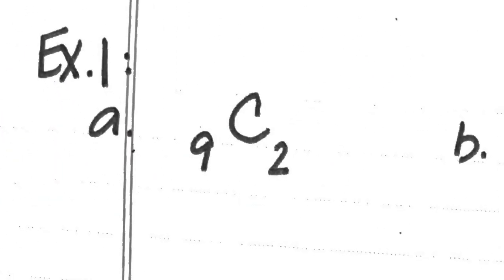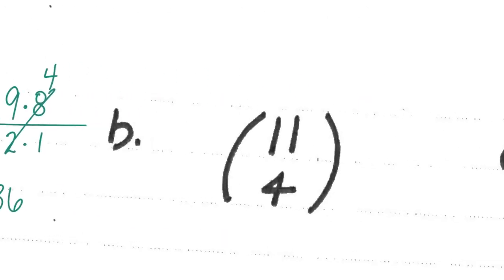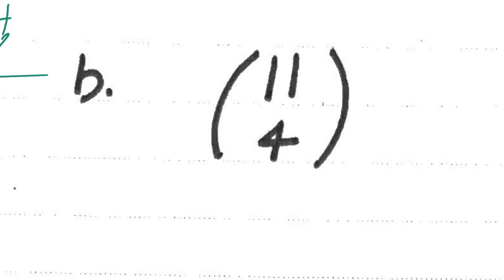So 9 combination 2 is telling us 9 times 8, we're going to take 9 factorial 2 times, over 2 factorial. These cancel out to be 4. Answer is 36. Moving on. Remember, this is saying 11 combination 4.